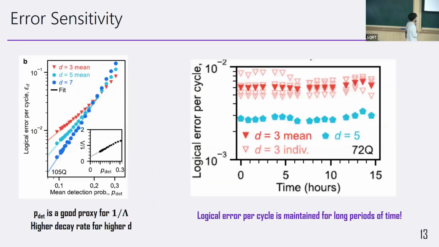And this is the result. Here you see they have P detect, which is the probability of detection of errors, and they argue that this is a good proxy for 1 over lambda. So for all intents and purposes, this is just 1 over lambda. You can see we have a higher decay rate for a higher D right here, which is good. We want that. And the good thing is that as they injected errors, this logical error per cycle is maintained for long periods of time.